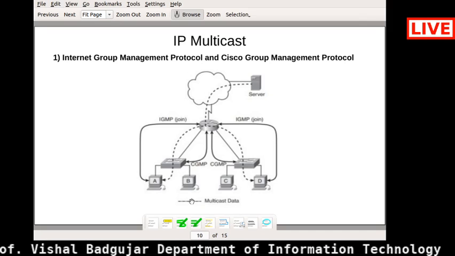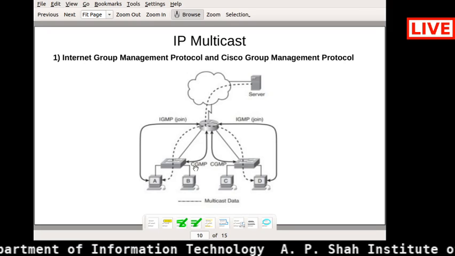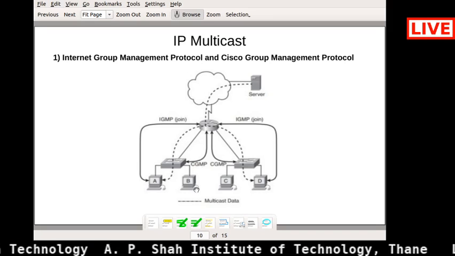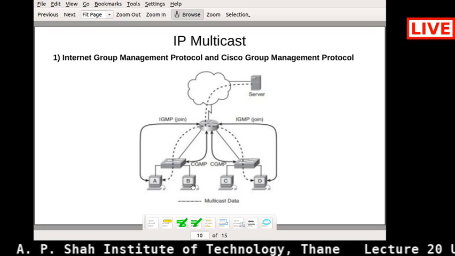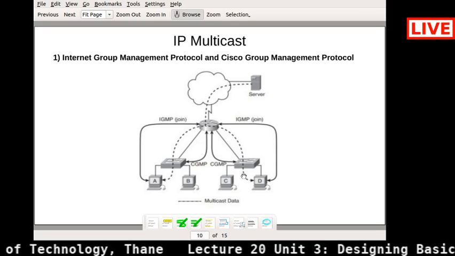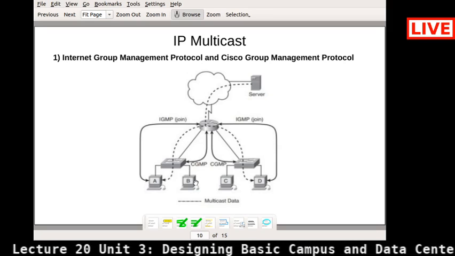And that's why CGMP comes into the picture, because only specific groups want to receive that multicast packet, but other groups also receive it. That we don't want, so we want to restrict it somewhere.